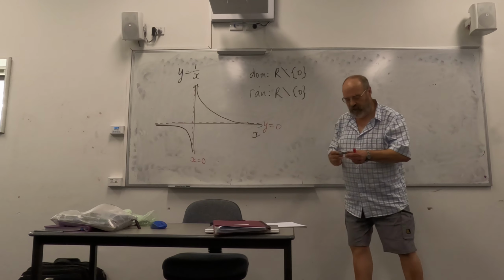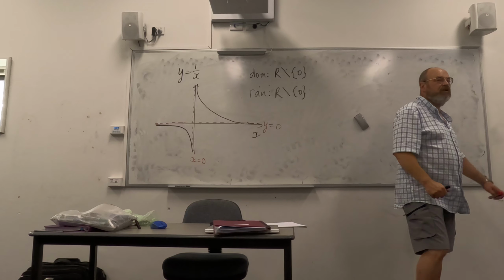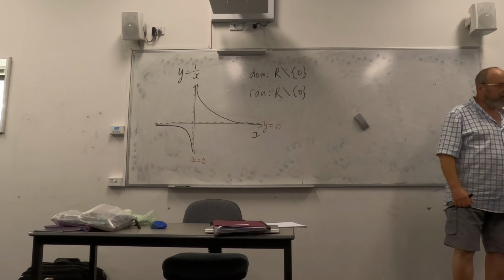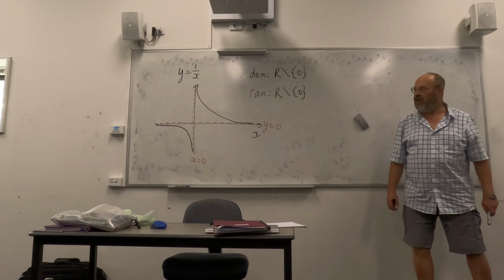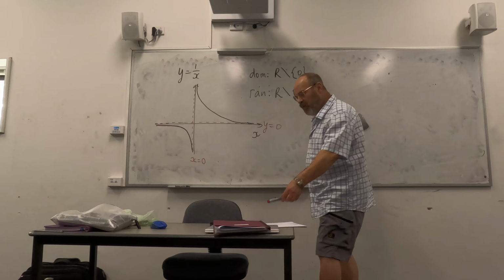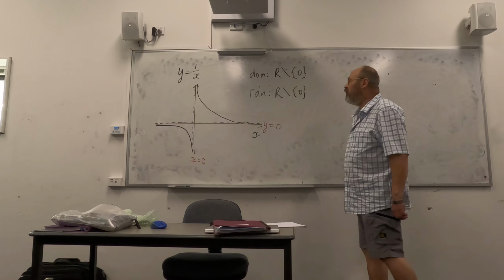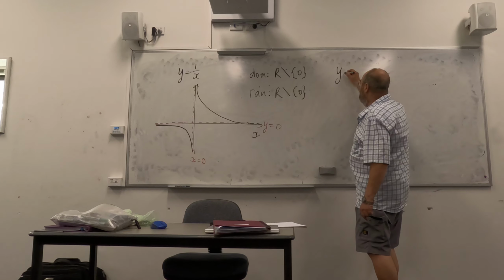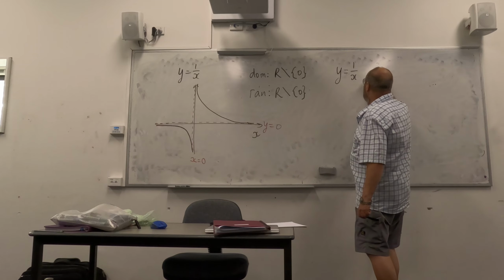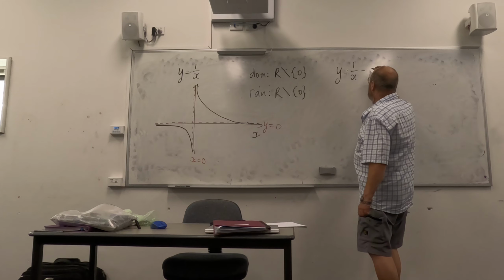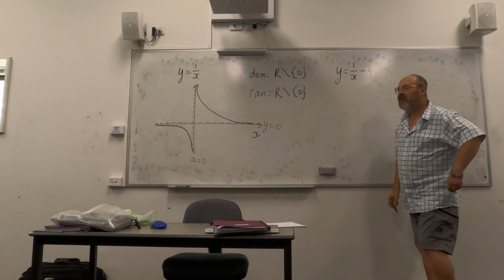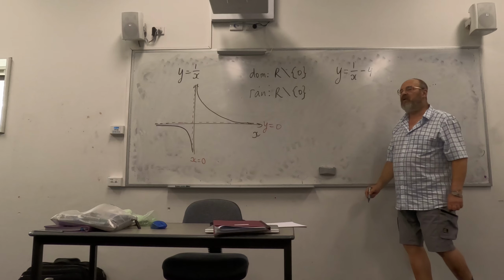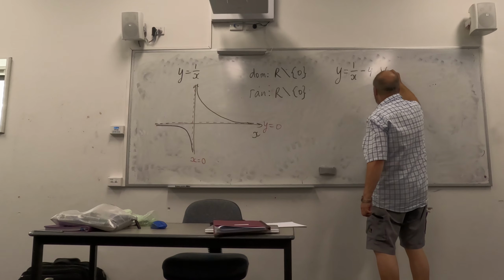Now, let's do some transformations with this hyperbola. First, let's start moving it up, down, left, right, without changing its shape. If we have y equals 1 on x minus 4, it's moved down by 4. That's a vertical translation.